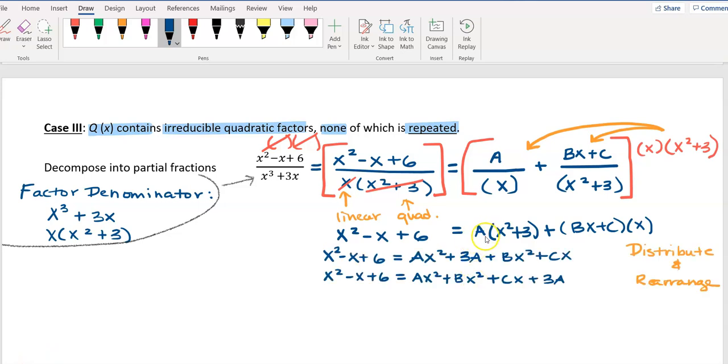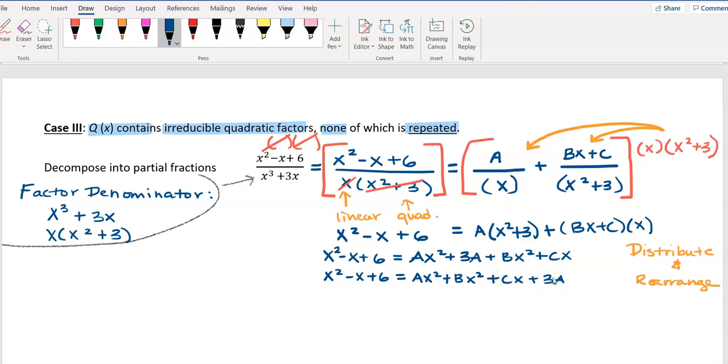I did just as I said. I distributed the a through this parentheses, and I distributed the x through the parentheses, and that gave me ax squared plus 3a plus bx squared plus cx. And then all I did was bring the two x squareds next to each other because they're like terms. Since those are quadratic terms, I did the linear term next and then my constant term last.